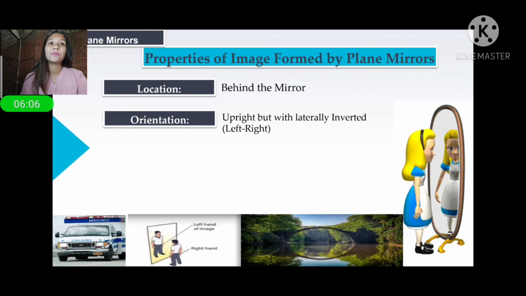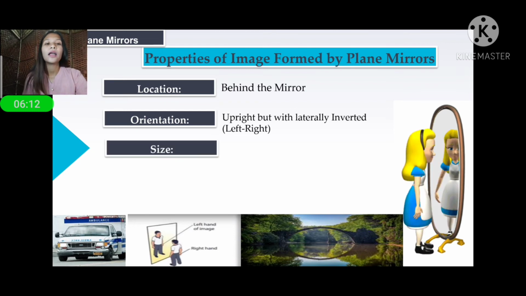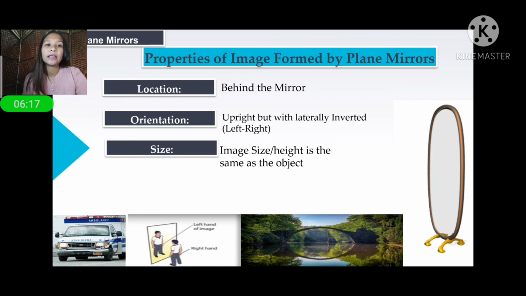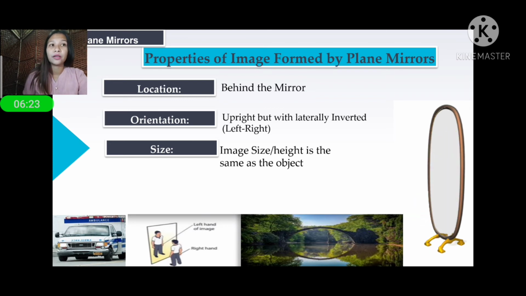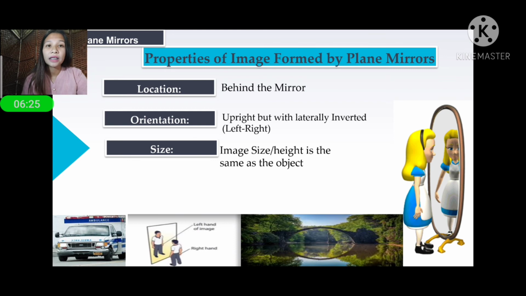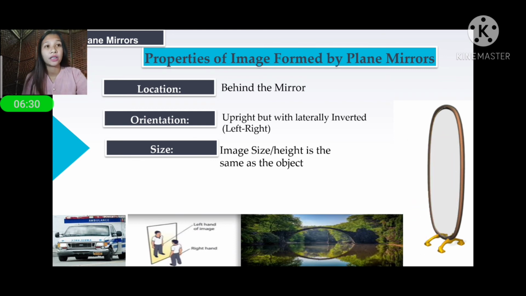A plane mirror produces an image that has an apparent left to right reversal. As for size, the image size or height is the same as the object. The image and object are the same distance from a plane mirror. The magnification is equal to 1.